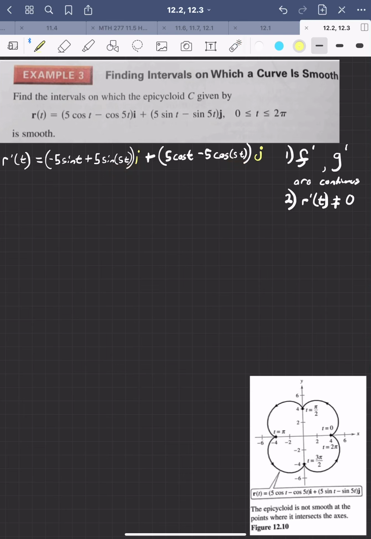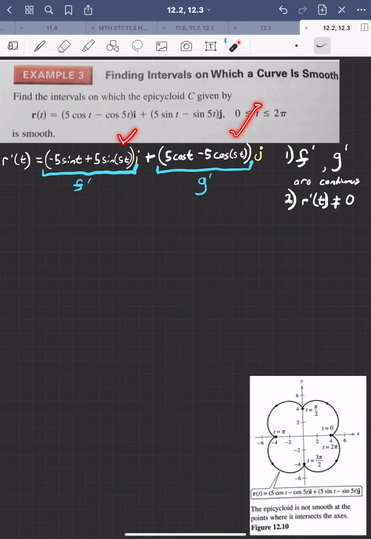Let's label. This portion right here would be f prime. This portion right here would be g prime. What we would have to confirm is that f prime and g prime are continuous.